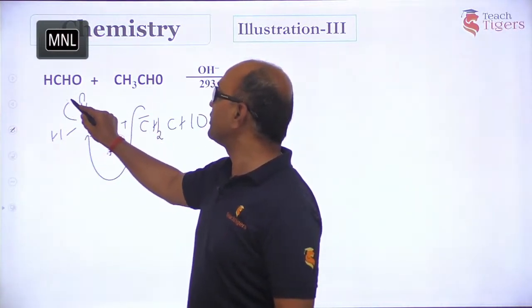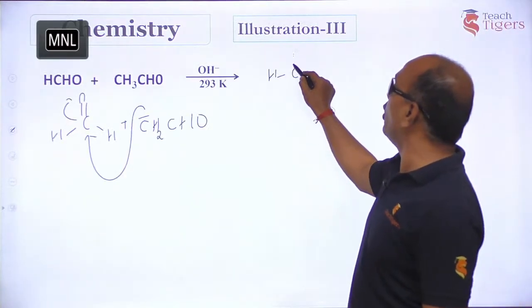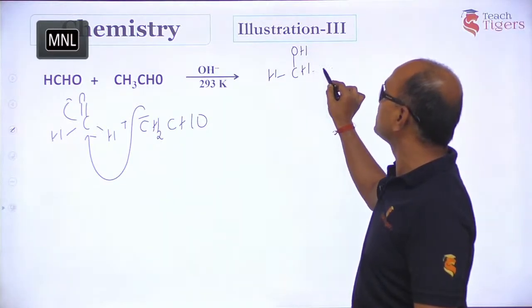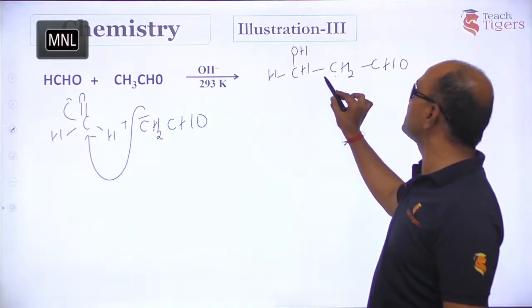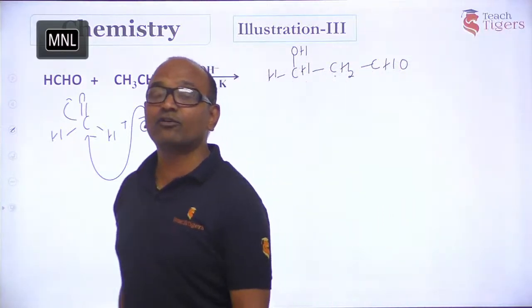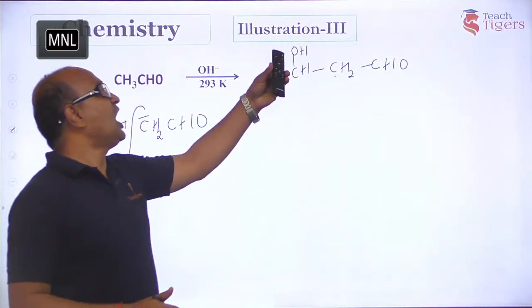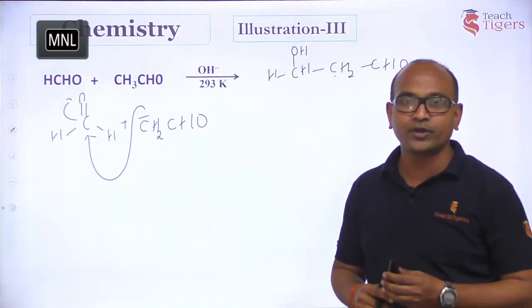This is what we are going to have. Okay, so this is HCO minus, which reacts with water to give OH, and this is what we have. So guys, this is our carbonyl group, this is alpha, this is beta. So we have got a beta hydroxy aldehyde, 3-hydroxy propionaldehyde, right?